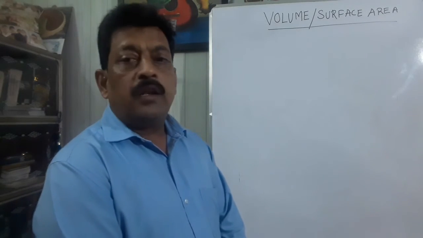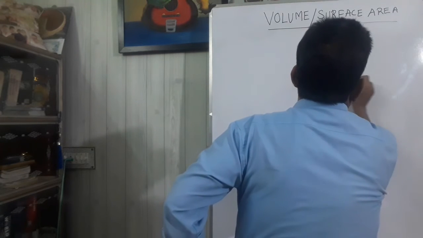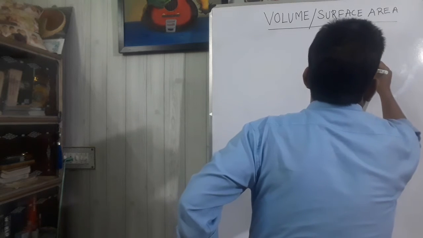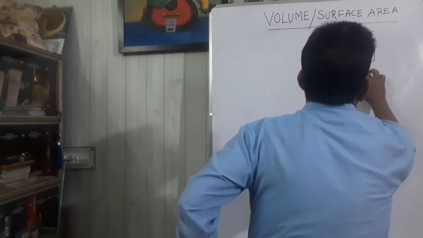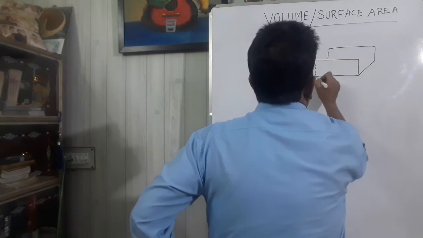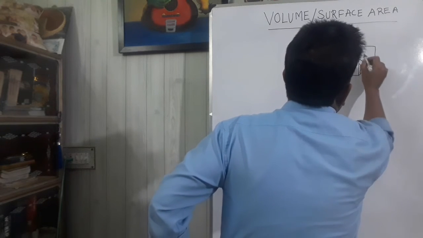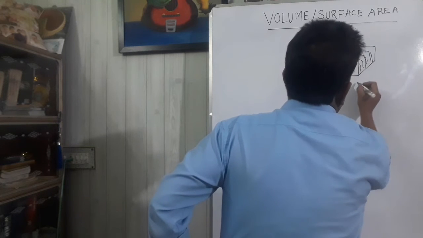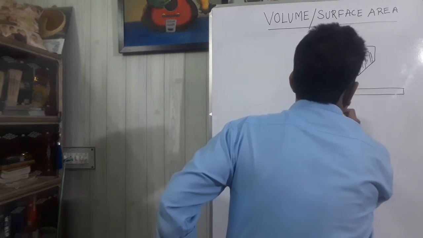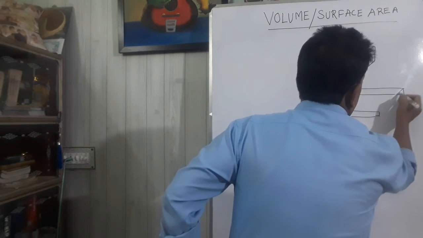So first of all, let me draw a rough diagram to show the things. So water is flowing through this canal, and it is falling in a field which is in the shape of, I am considering it as cuboid.